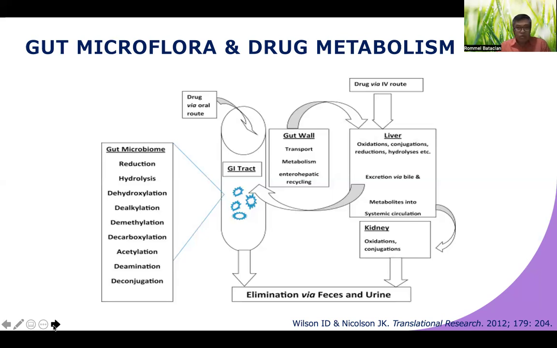For example, digoxin, which is a cardiac glycoside, the bacteria in the gut can metabolize digoxin. So therefore, it lessens its toxicity, because the problem with digoxin is there's a propensity to adverse events and toxicity when it accumulates at high serum levels. Levodopa, which is an anticonvulsant drug, gut bacteria can also metabolize this drug.